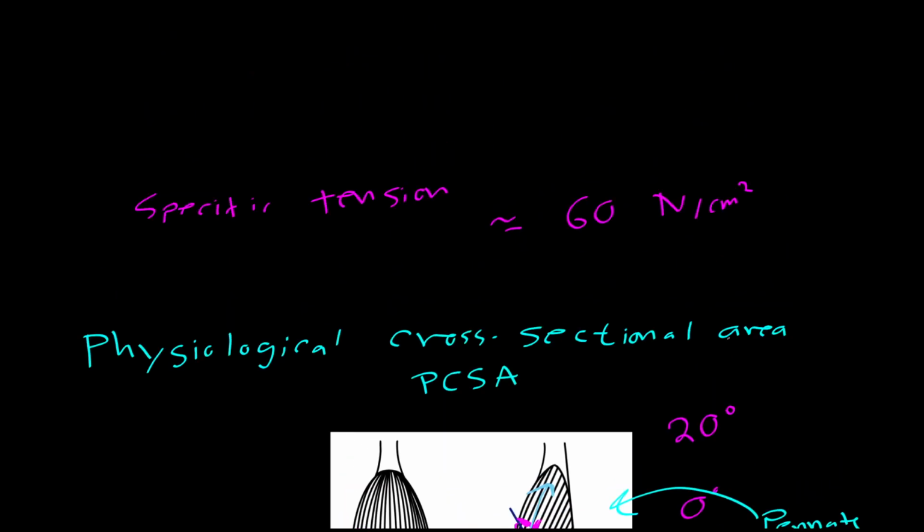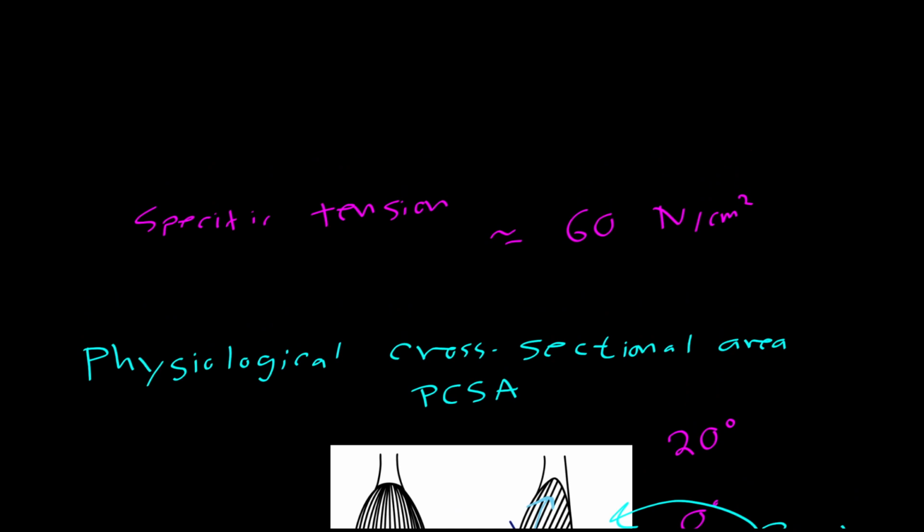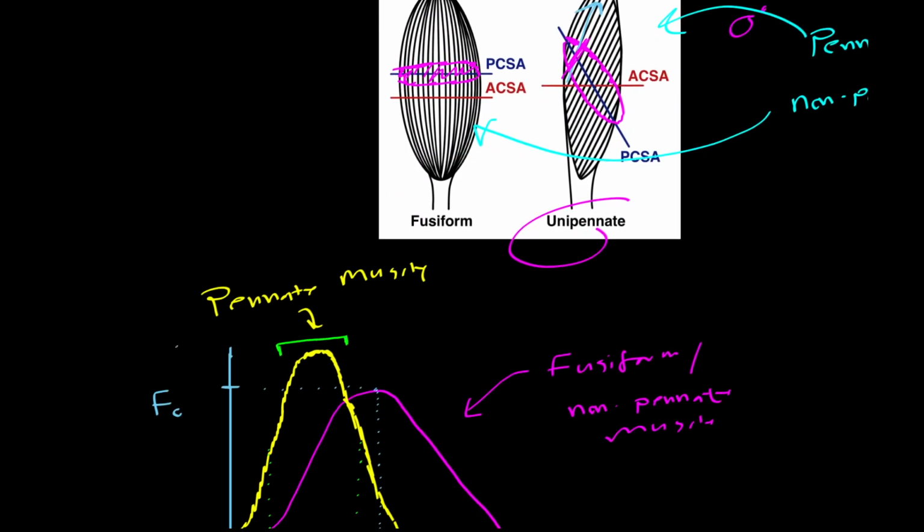Here's what you can do if you want to know what the maximum force production capability, the maximum isometric force produced by the muscle is. Let's write out max isometric force. Again, our abbreviation for that, F naught. This is the same F naught as this.